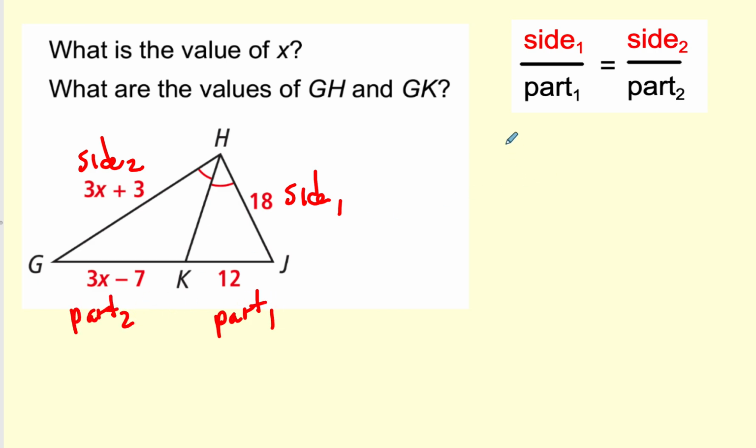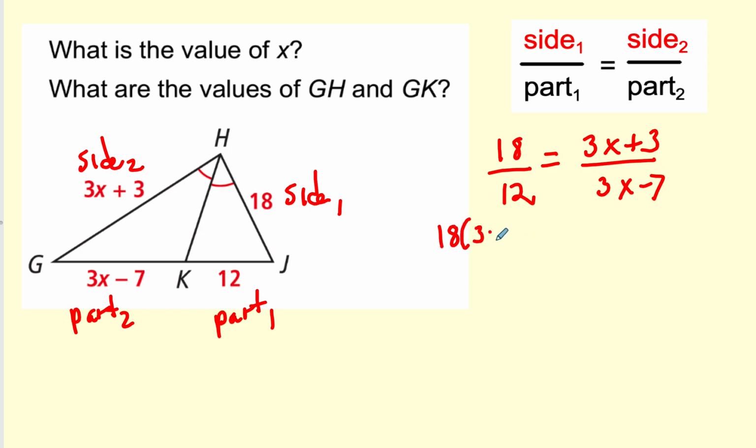So I'm going to do 18 over 12 is equal to 3x plus 3 all over 3x minus 7. And so I'm going to do 18 times 3x minus 7, and this will be 12 times 3x plus 3.